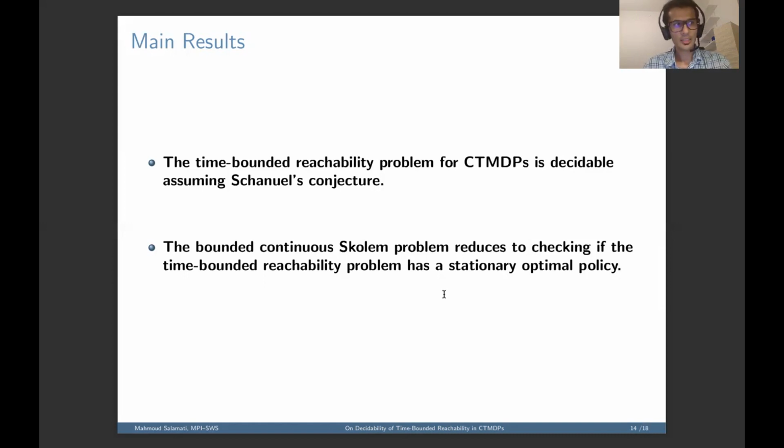Later, we will consider a related problem, namely to check if the time-bounded reachability problem has a stationary optimal policy. And we show that this problem is Skolem hard. So let's continue with this item.